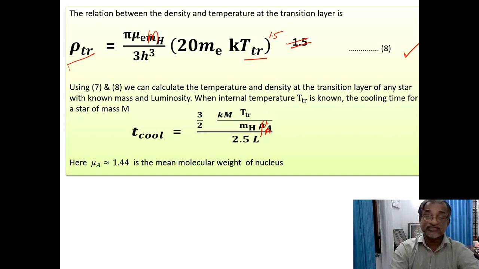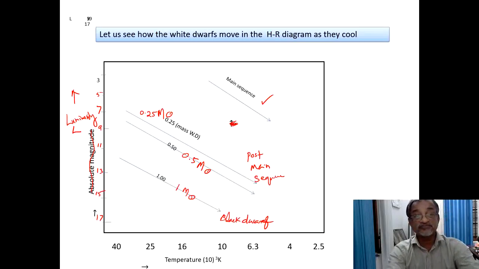When the internal temperature T_TR is known, the cooling time for a star of mass M becomes t_cool equal to 3 by 2 k M T_TR divided by m_H mu_A divided by 2.5 L. Here mu_A equal to 1.44 is the mean molecular weight of the nucleus.